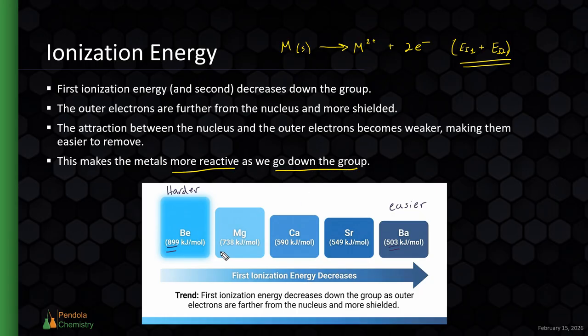As we go down the group, all of the ions are going to be created in chemical reactions with the group 2 metals, and we'll talk about this in section 2, but because all of these are going to react to create the 2+ ions, the elements become more reactive as we go down the group because it's easier to remove those electrons.